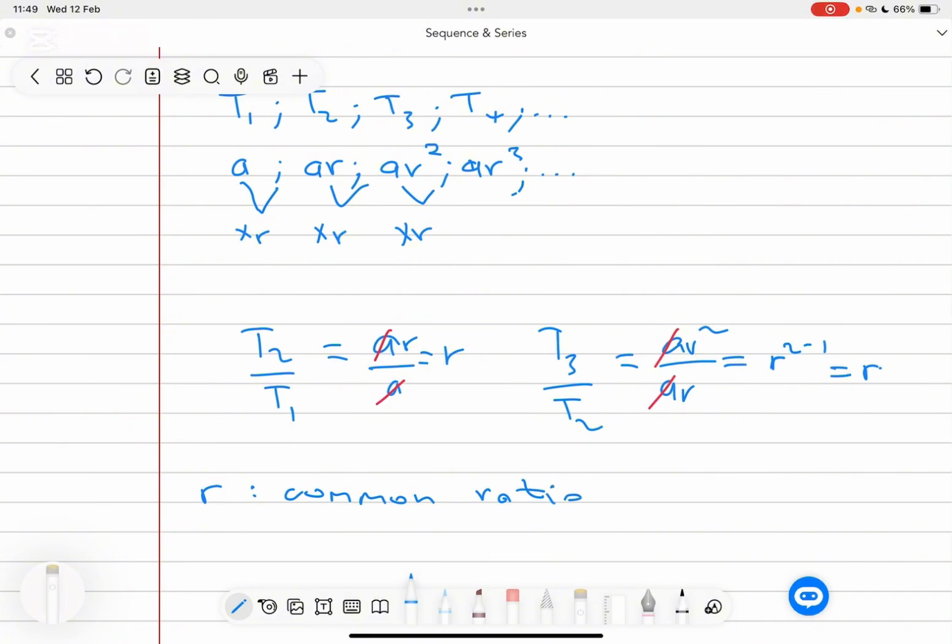Remember, a ratio is a number that you get when you divide numbers. So because we can find this R by dividing successive terms, we call it a ratio. But it's not just a ratio, it's a common ratio. Remember, to say something is common means that it is constant, it does not change. So we get the same number R, and that's why we call it the common ratio.